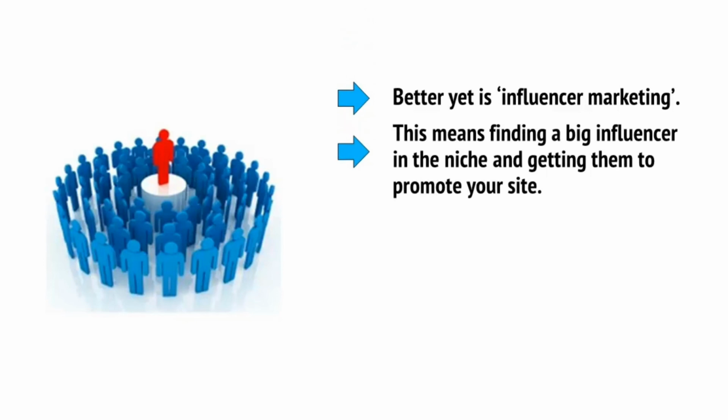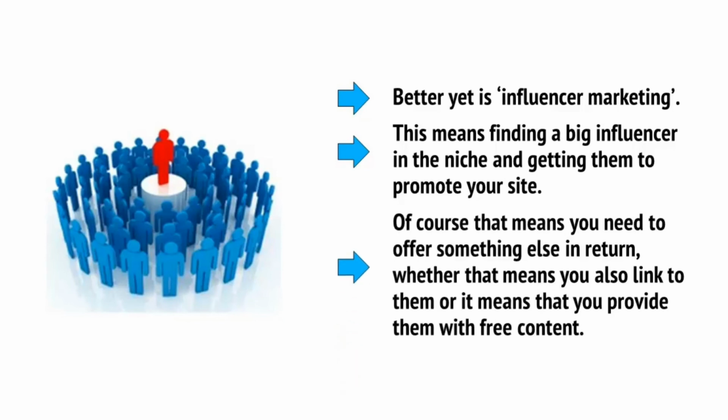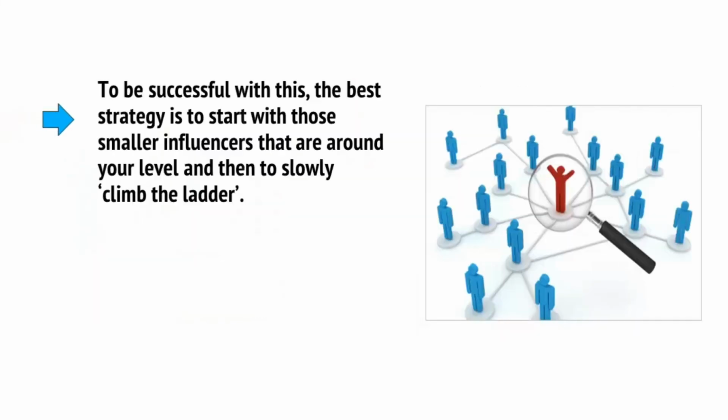And this means finding a big influencer in the niche and getting them to promote your site. Of course, that means you need to offer something else in return, whether that means you also link to them or it means you provide them with free content. To be successful with this, the best strategy is to start with those smaller influencers that are around your level and then slowly climb the ladder.